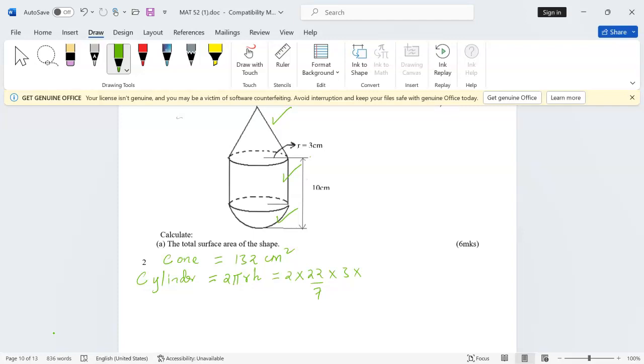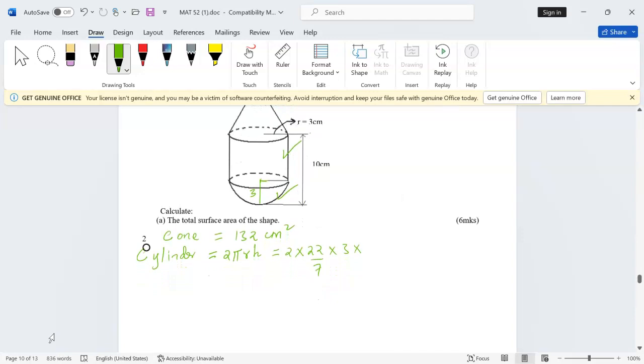But from the center of the cylindrical part to the bottom is also a radius, 3 centimeters. So with the 10 centimeters total length and the radius of the spherical part, we remain with a height of 7 centimeters for the cylindrical part.